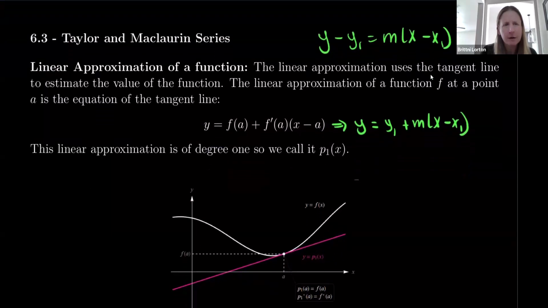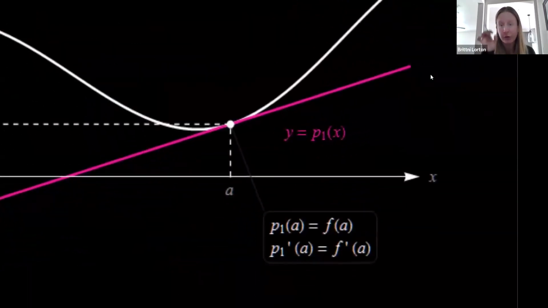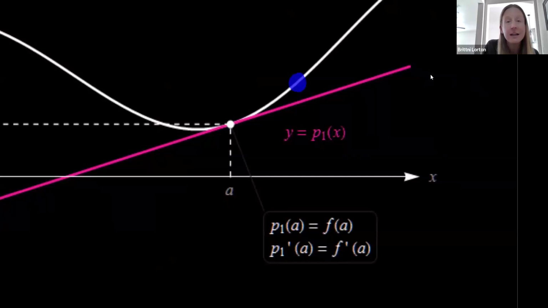Let me remind you what the intention of the linear approximation was. If I have some arbitrary function, we'll call it f of x, and I find some point, we'll call it a. Maybe it's 0, maybe it's 1, I don't know. That point isn't on the x-axis. And then I find the equation of the tangent line at that point. If you zoom in real close, the function itself is pretty close to that tangent line.